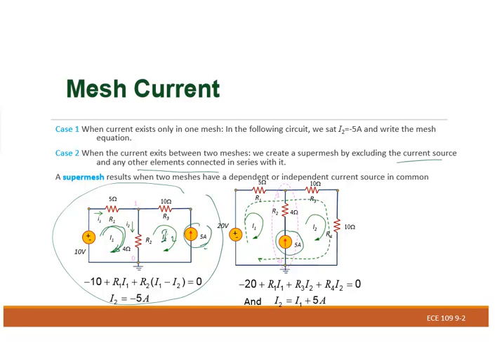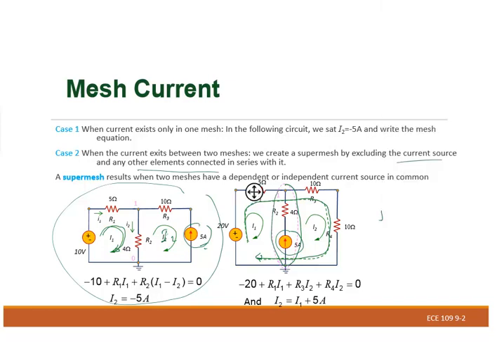So we need one mesh equation that goes all the way around, excluding that one here. In this way we cannot write I1 and I2 meshes, we are going to write one super mesh. But we have two unknowns. What are we going to do? The second equation we can write from the super mesh area.